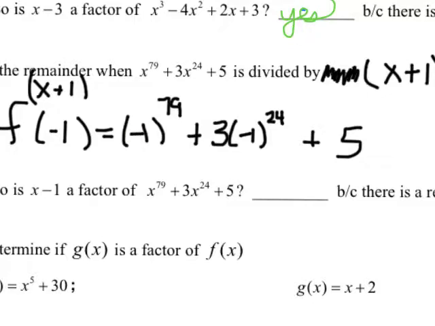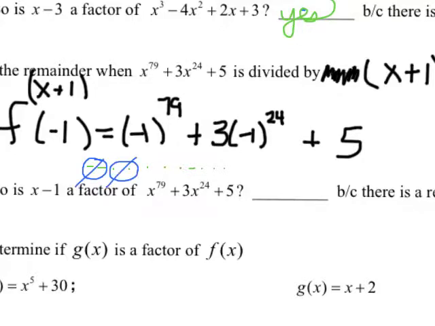If you have 79 of negative ones, well, the ones are easy. 1 times 1 times 1 times 1, doesn't matter. It's all 1. All you really have to worry about is whether it's going to be negative or positive. If you have an even amount of negative signs, so let me just do a few, these pair of negatives would cancel each other out and become positive.